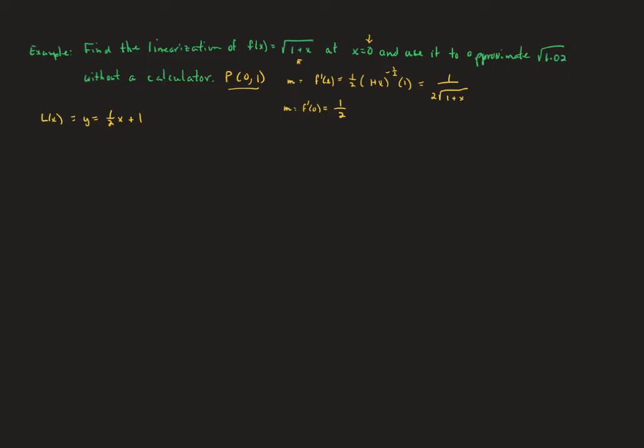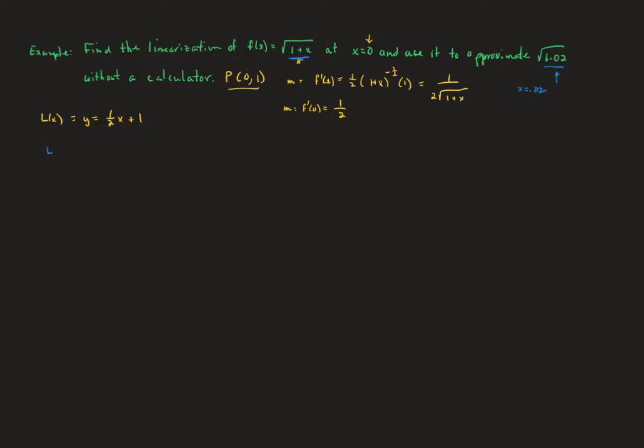Now we want to use that tangent line, that linearization, to approximate the square root of 1.02. Since our original function was the square root of 1 plus x, the x value we're going to plug in is 0.02. Does that make sense?